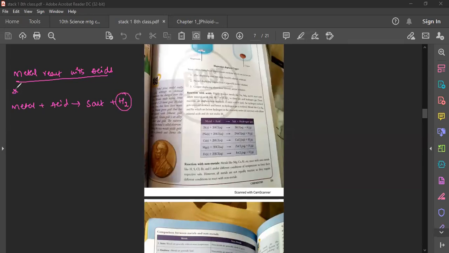It is important. So if you take any metal like sodium, and any acid like HCl, what will happen? Sir, NaCl and hydrogen gas, H2. If you take potassium and HCl, KCl and hydrogen.